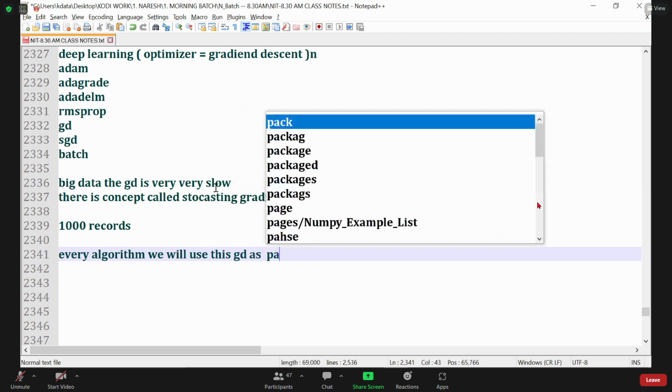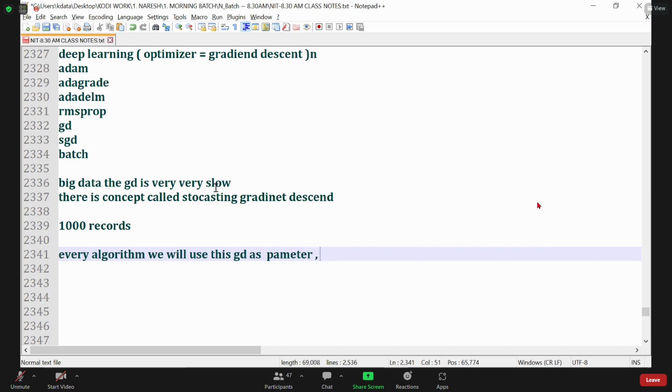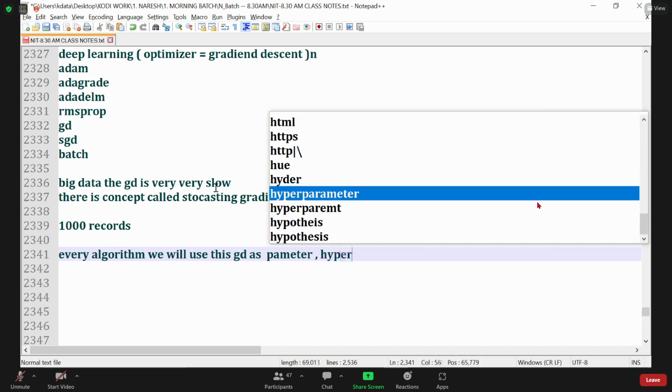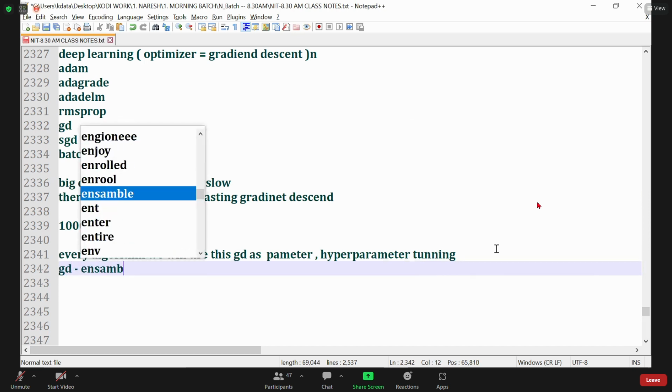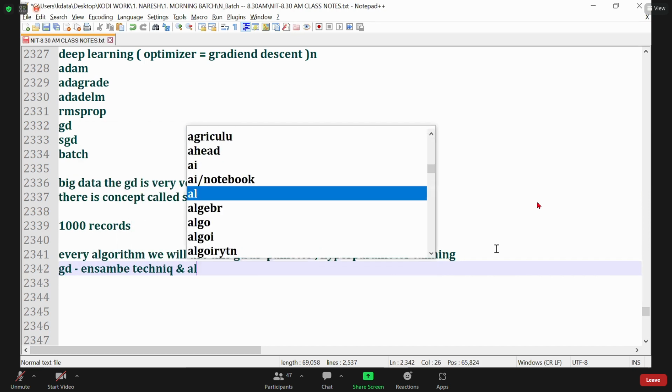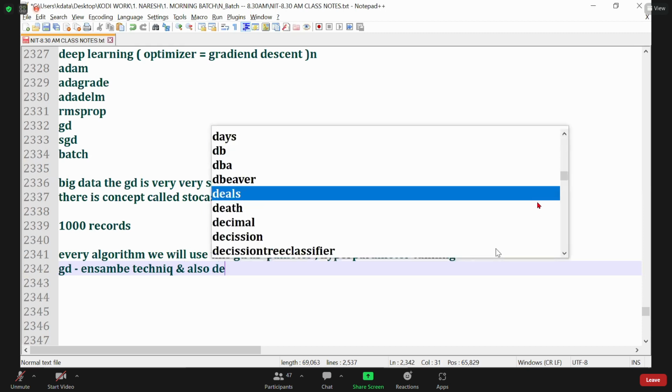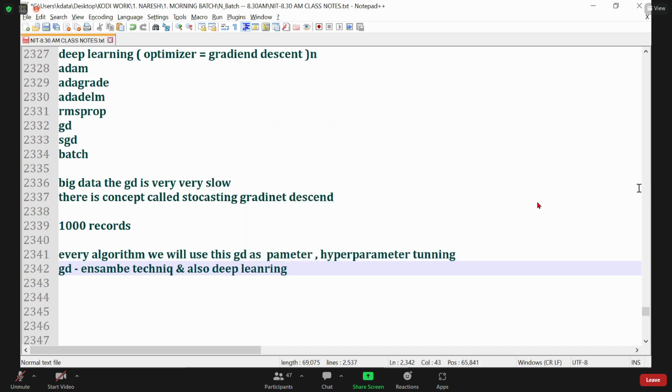I hope you understand what is parameter tuning and what is hyperparameter tuning. You can learn GD in ensemble techniques and also deep learning techniques, guys. We need to implement it in deep learning as well. That's why we need to understand.